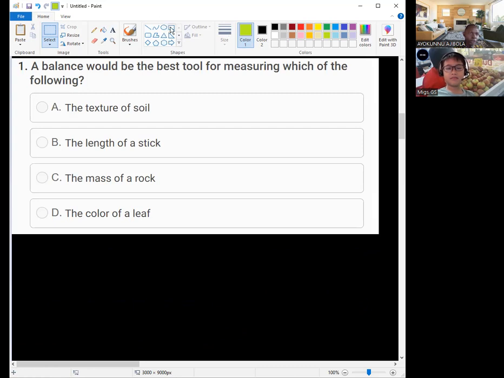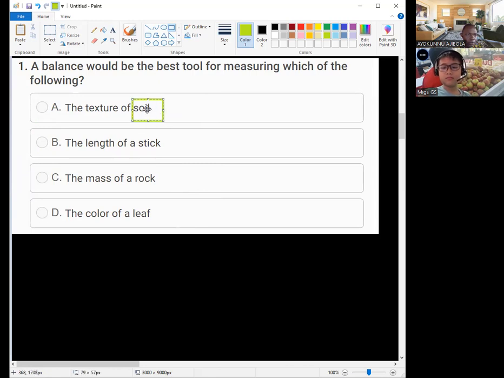Now, if you look at all of these, they are properties of soil, like texture. We talk about the size, we talk about the mass of soil, and we can talk about the color of soil too. But here we are not really referring to soil.